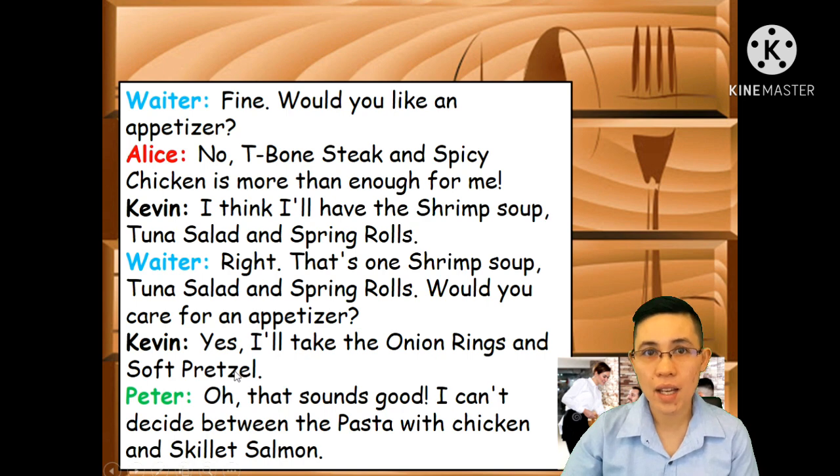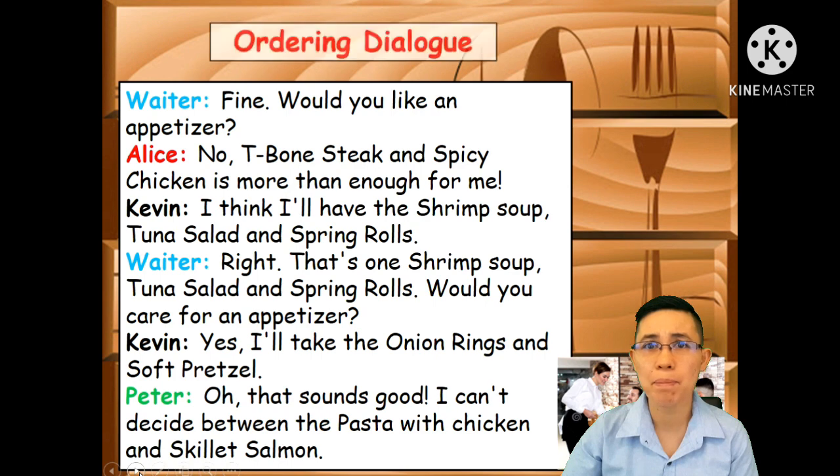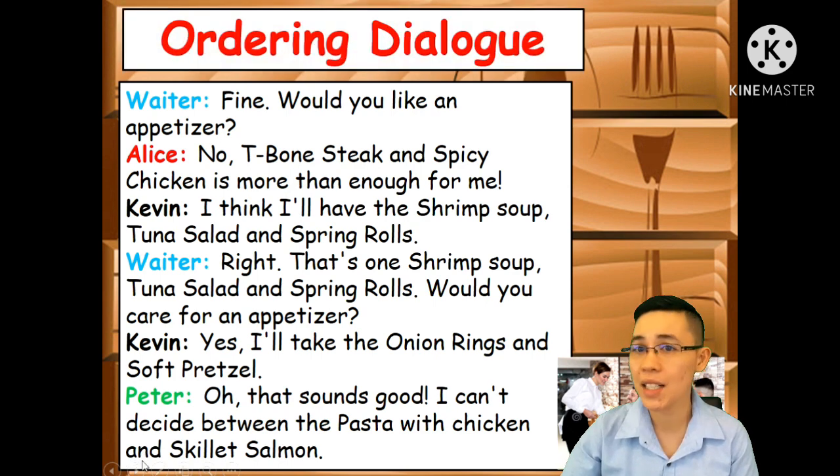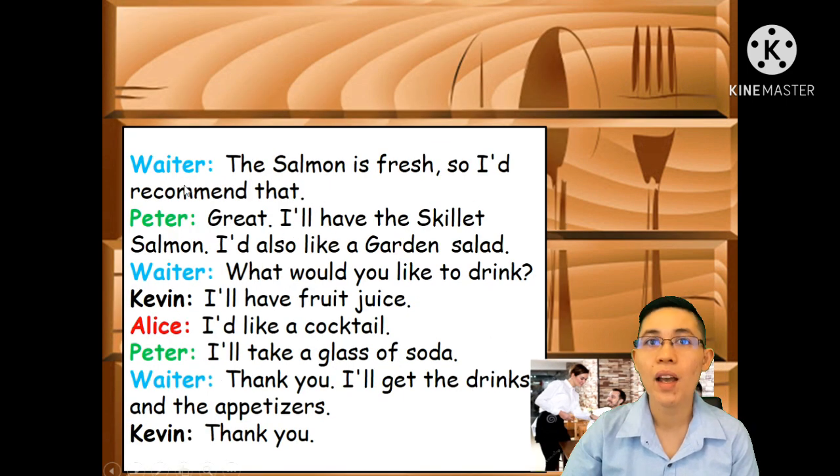Kevin: Yes. I'll take the onion rings and soft pretzel. Peter: Oh, that sounds good. I can't decide between the pasta with chicken and the scalloped salmon. Waiter: The salmon is fresh, so I'd recommend that. Peter: Great. I'll have the scalloped salmon, and I'd also like a garden salad.